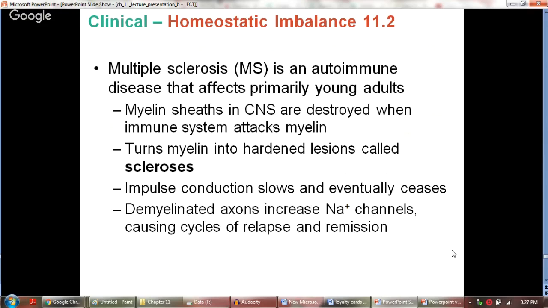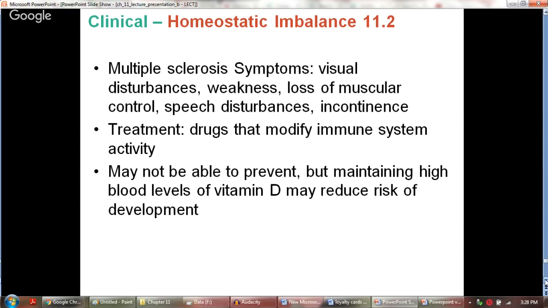It destroys the myelin sheath in the central nervous system. The immune system attacks the myelin, and then this myelin turns into sclerosis. So the impulses start to become slow, and eventually cease with time. Also the demyelinated axons increase sodium channels, causing cycles of relapses and remissions in these patients.